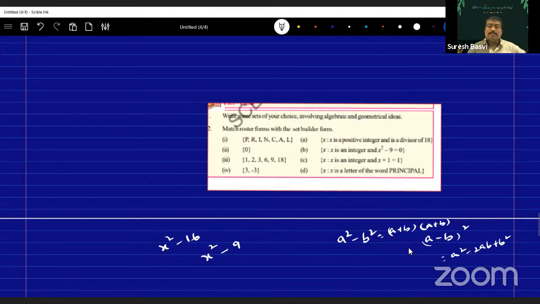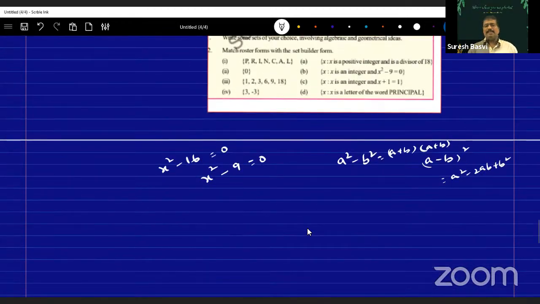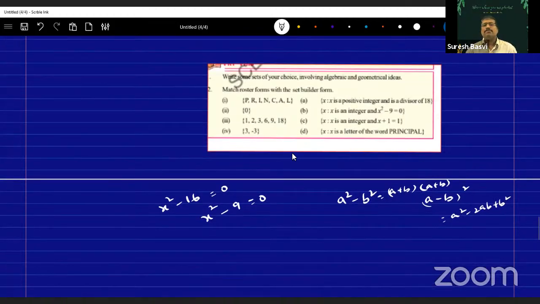And x square minus 9 is equal to 0, x square minus 16 is also 0. These are all algebraic expressions.